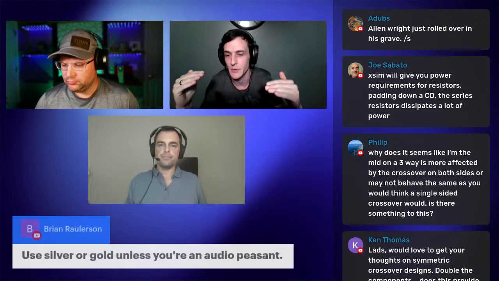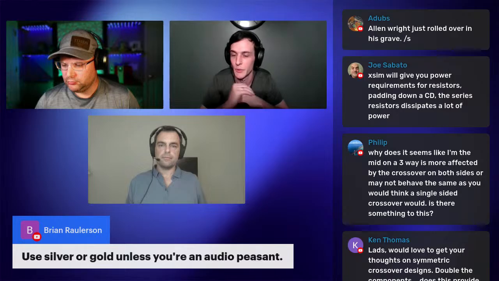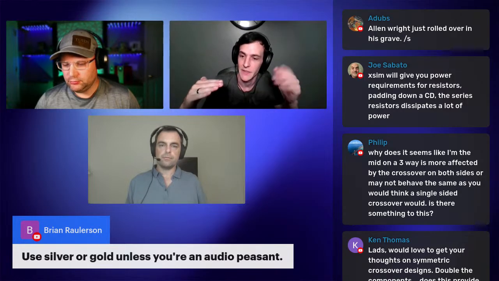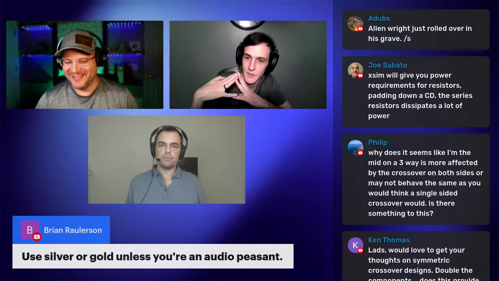So we use an LPAD to attenuate, to lower the level. Generally our woofer is the lowest in sensitivity, or it should be, because we don't want to have to attenuate our woofers. There are going to be way too many problems with that. So we want to attenuate our tweeter down to our woofer's level. We'll put a resistor in series with our tweeter, and then a resistor in parallel with our tweeter.